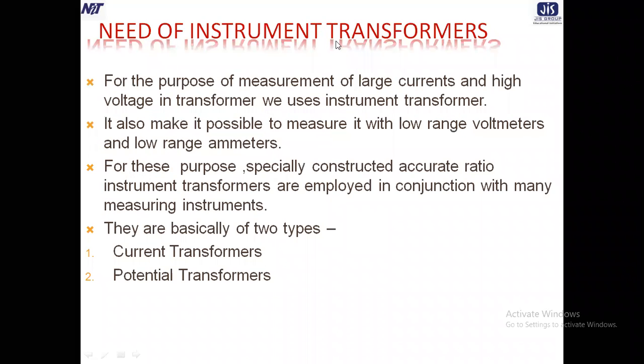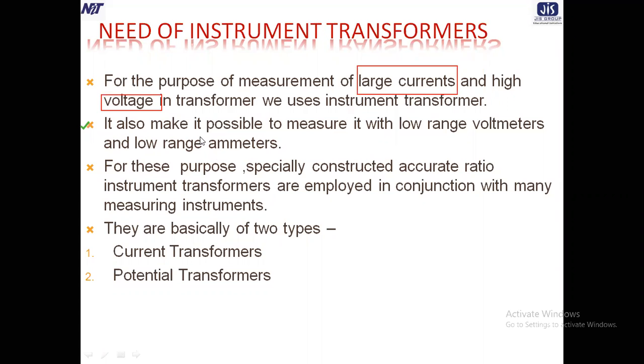Now the question is the need of instrument transformer. Why is it so useful? Why is it necessary? We use instrument transformers for the purpose of measurement of large currents and high voltages. Secondly, they also make it possible to measure with low range voltmeters and low range ammeters.